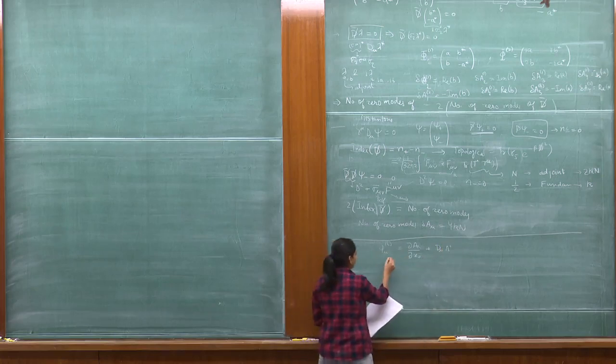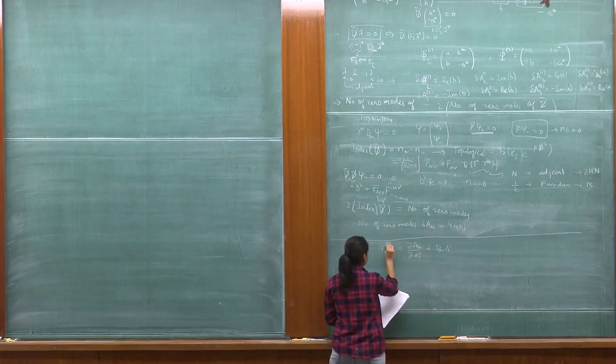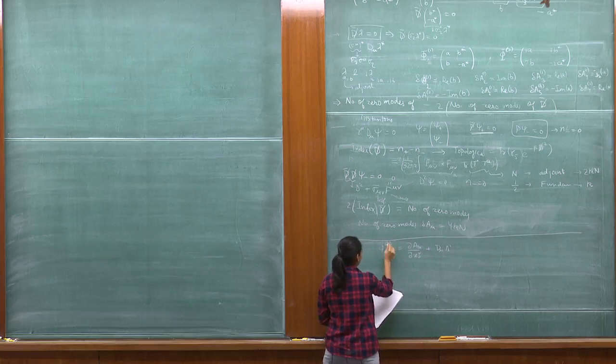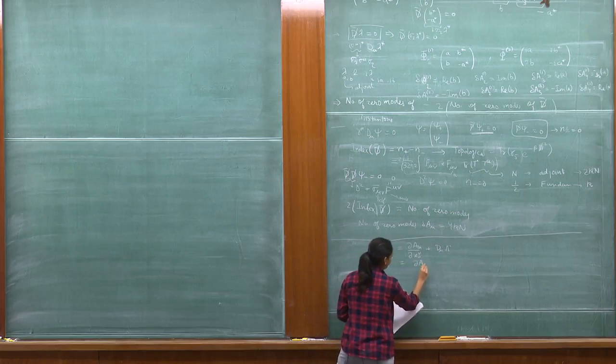For the translations, I will write this as mu. This is how I will write my fluctuations. For example, for the scaling rho, I will write it as del A rho A mu by del rho.